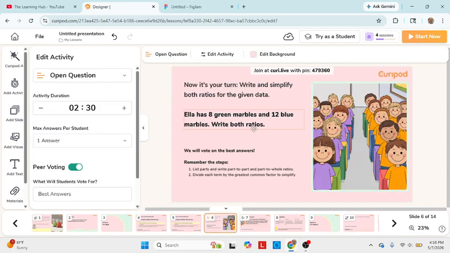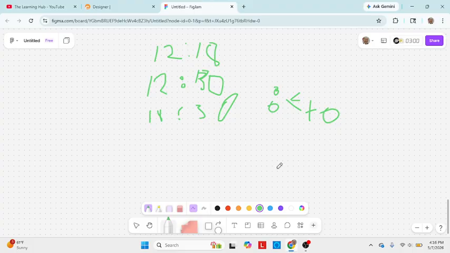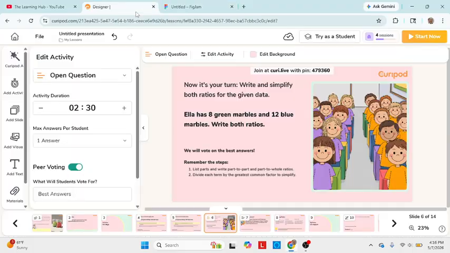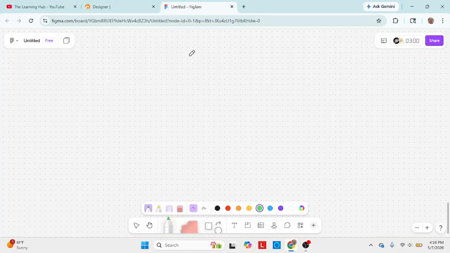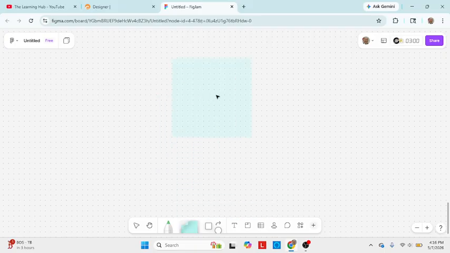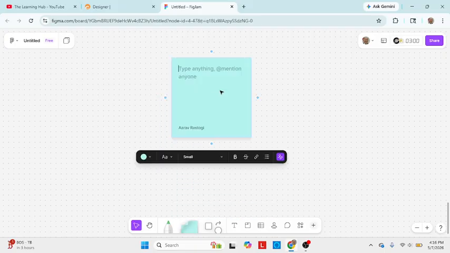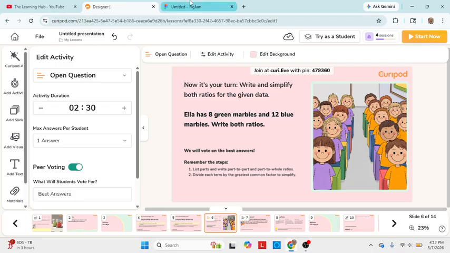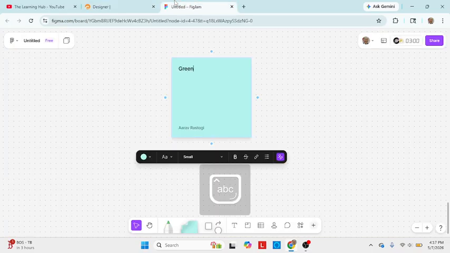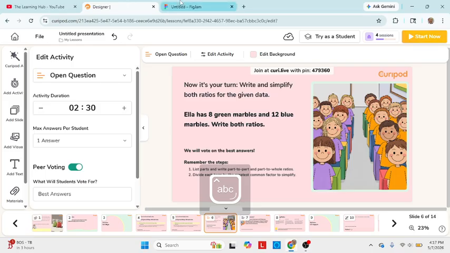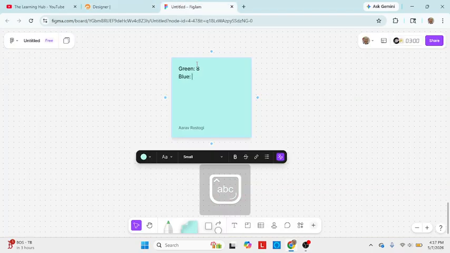So we did that. Ella has 8 green marbles and 12 blue marbles. Here we'll write it on this sticky note, this light blue color. So green is 8 and blue is 12, so the ratio is 8 to 12.